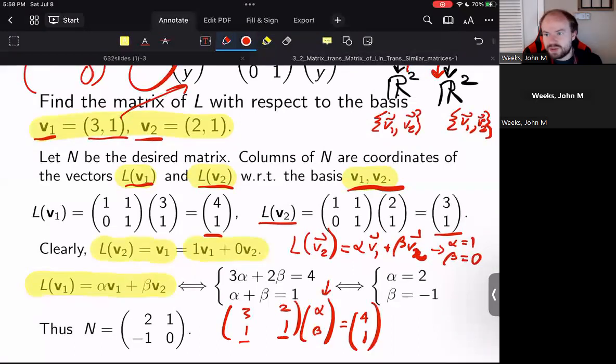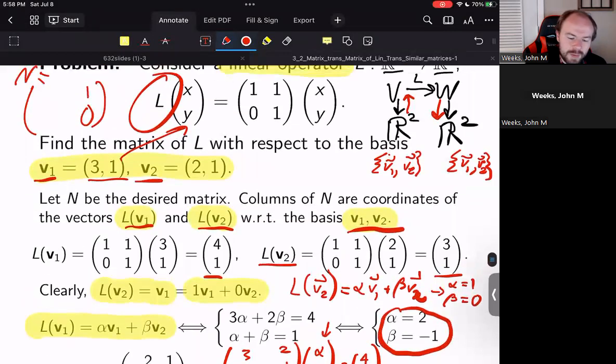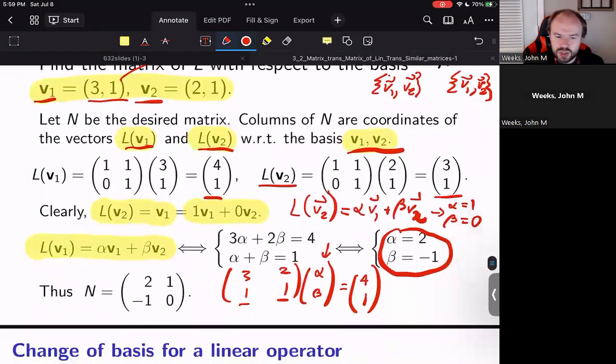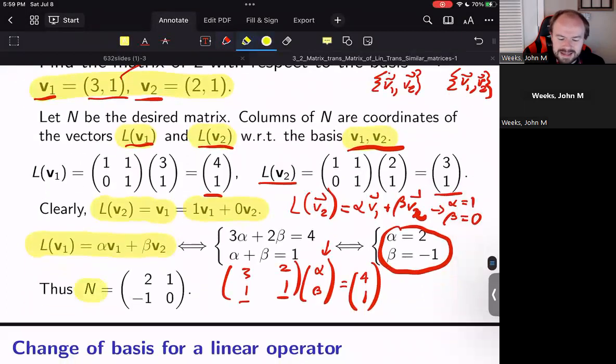So I can do this using Gauss-Jordan elimination, a system of equations, or substitution. Eventually, once I find that alpha and beta, I know alpha is 2 and beta is -1. Well, that's going to fit in to be my first column, because that's LV1 written in terms of our new basis. And indeed, that is exactly what we get here for N.